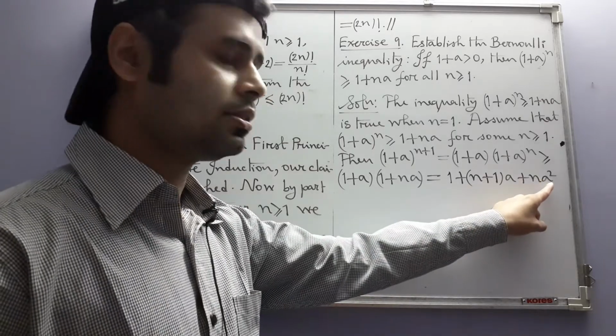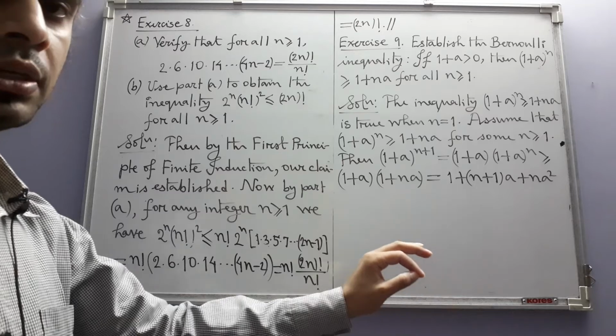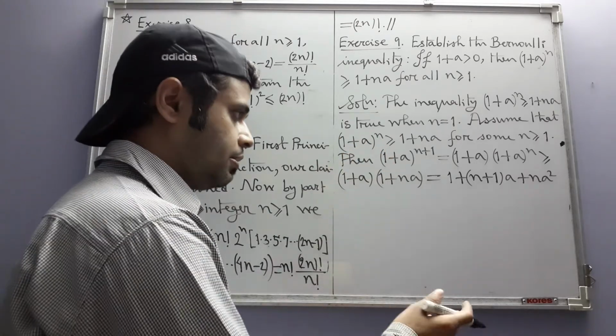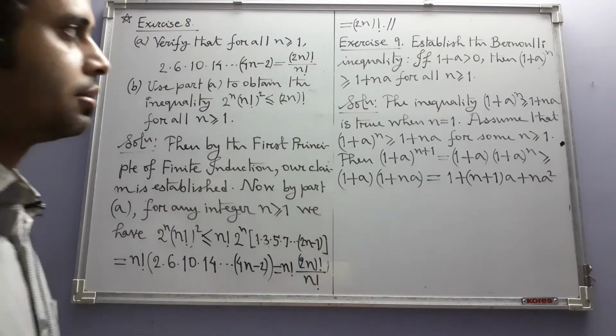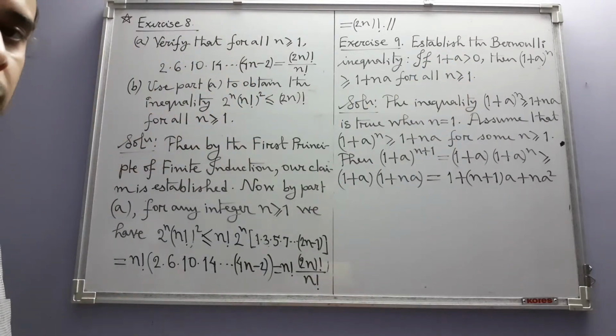But a square is non-negative. The least value of a square is 0. And the greatest value, of course, it can be as large as we want, because we only want 1 plus a to be greater than 0. a can be extremely large.